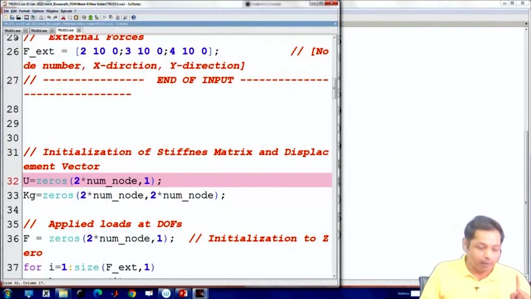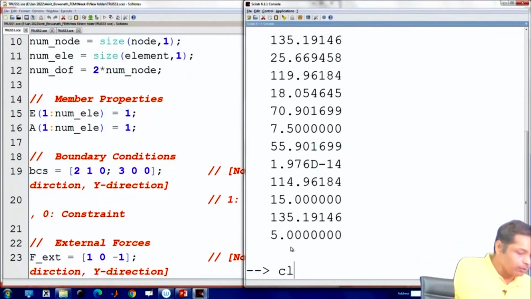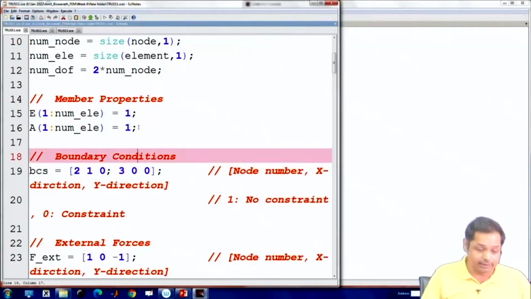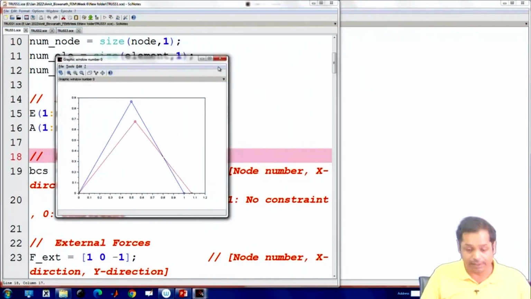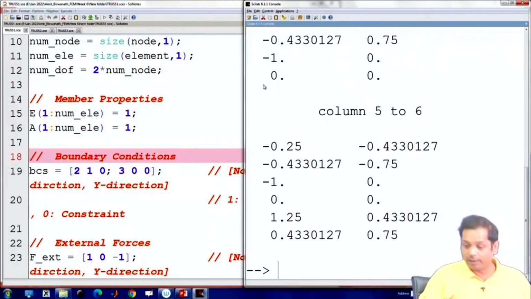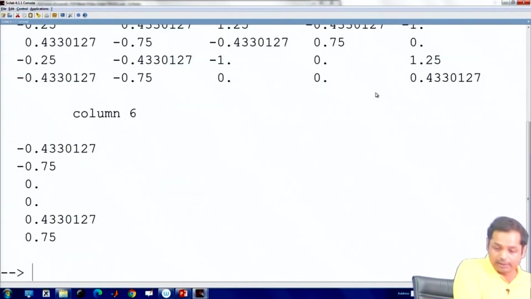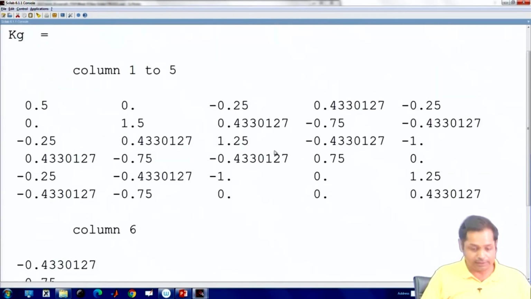Now, one important point I want to highlight here is, let's take the first example once again. See, Kg, this is the stiffness matrix, right?